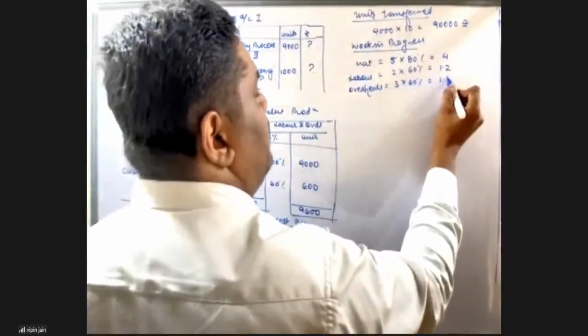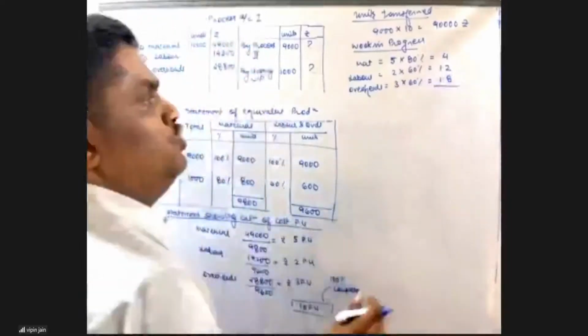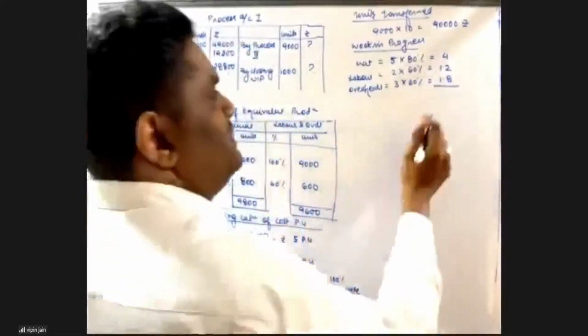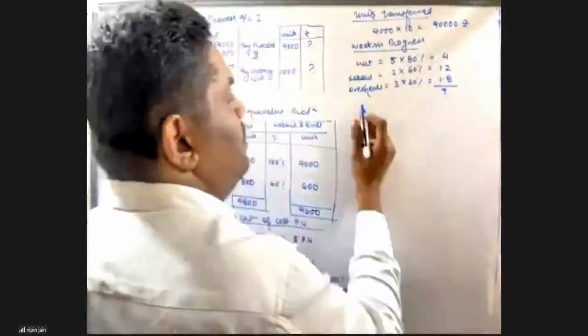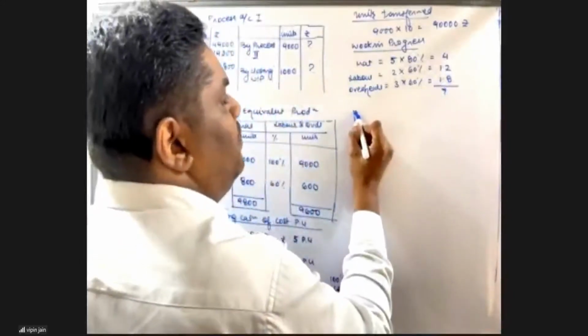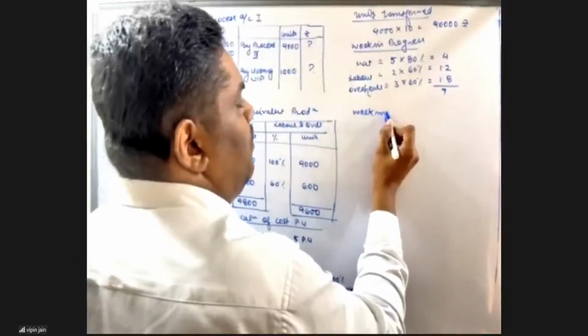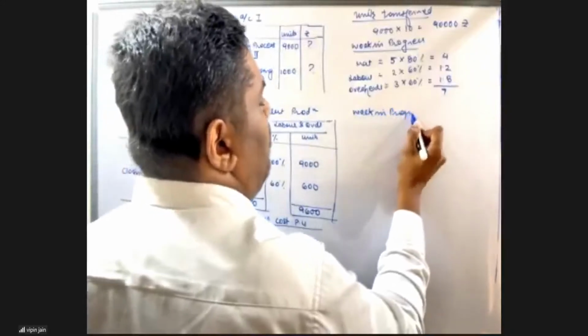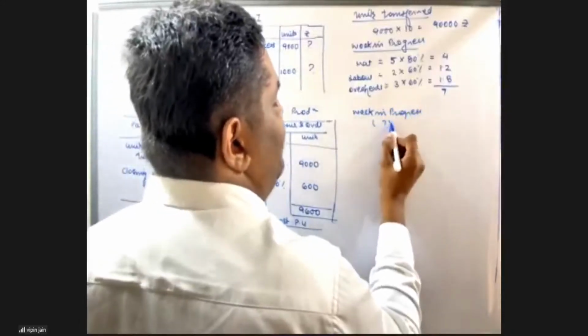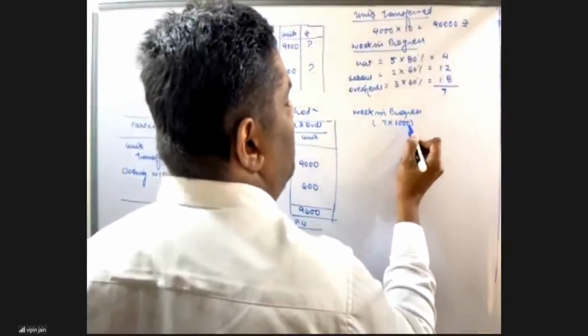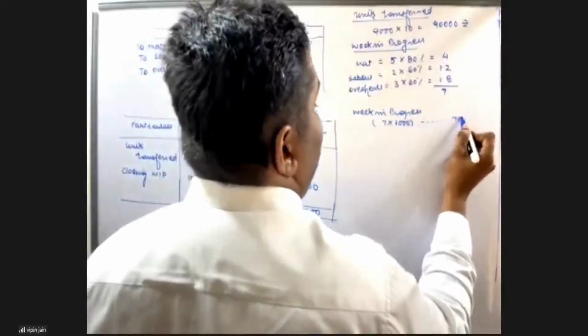So this will be 1.8. So the cost per unit will be 7. So what will be the value of work in progress? 7 into 1000, that is 7,000.